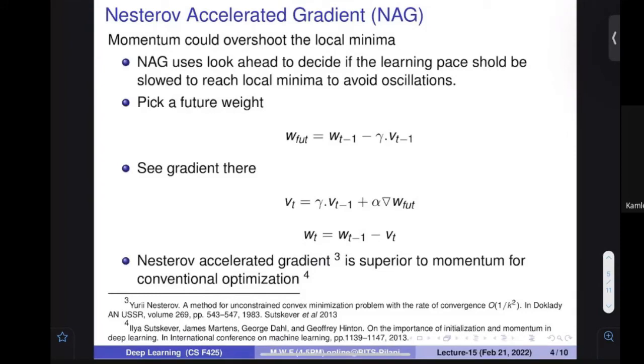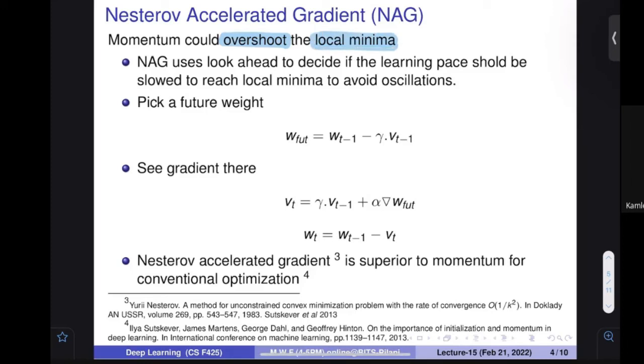And this is the next algorithm, Nesterov accelerated gradient, which tries to address the kind of problem where I can overshoot. Momentum could overshoot the local minima. If there is any local minima, then it can overshoot.